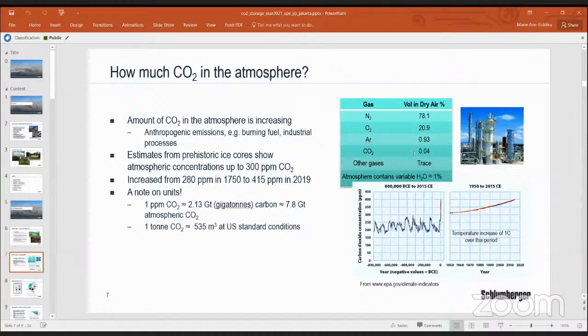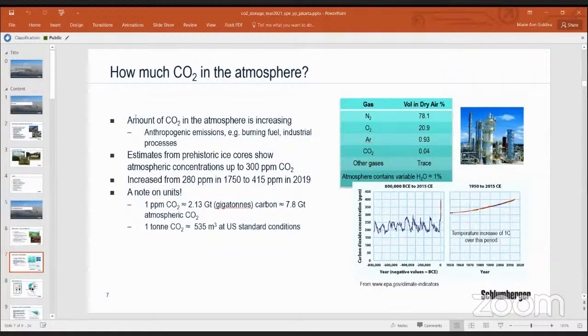There are also many traces of other sorts of gases, and the atmosphere does contain water in variable amounts, so probably on average about 1%. So this is one reason why people have not taken CO2 seriously in the past, because the total is quite small.